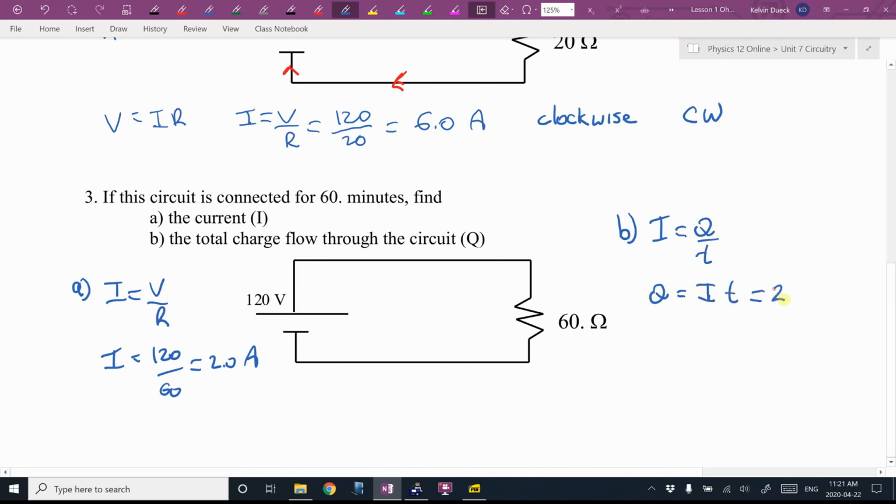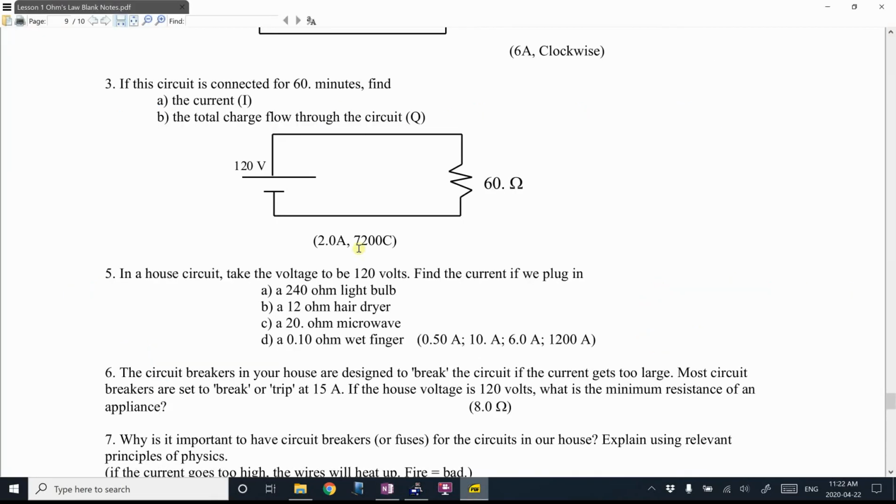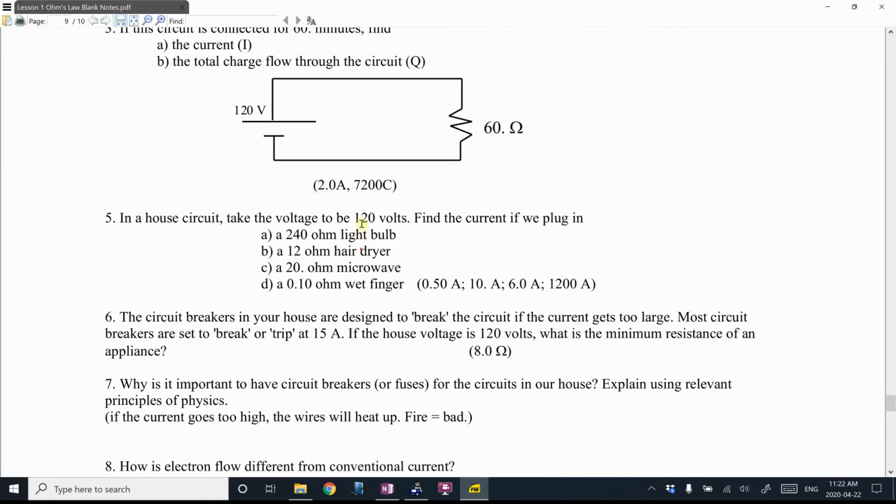It's going to be 2 times 60 minutes times 60 seconds. So 60 times 60 is 3,600. I think this is going to end up using 7,200 coulombs of charge. Was I right? Woohoo! I was.